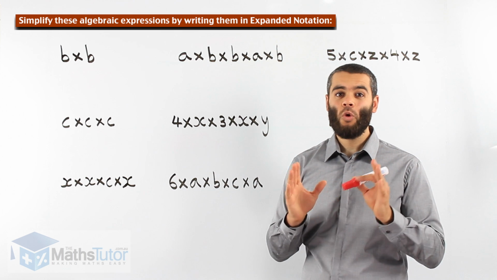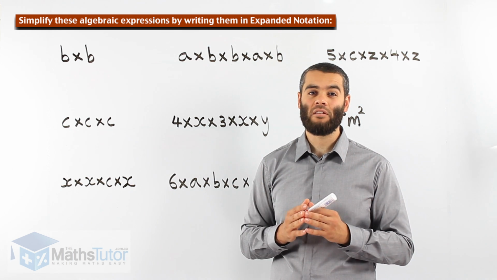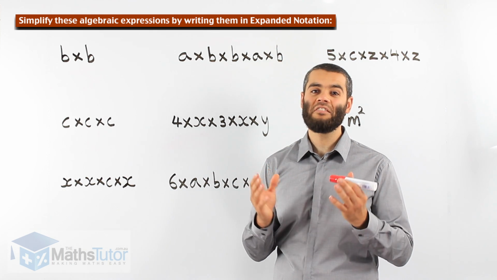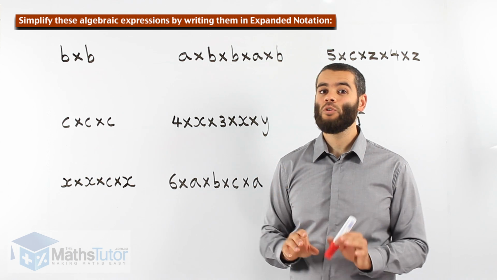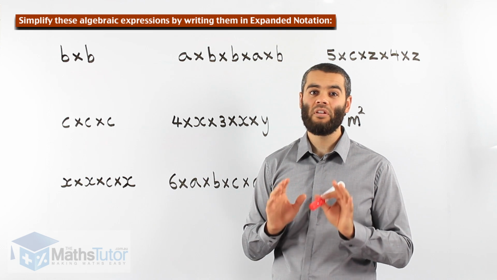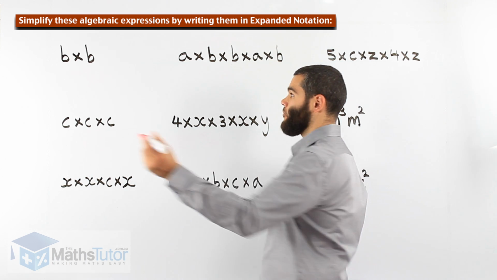We know numerals, we write them down in simplest form. So 8 times 8 will be 8 squared. 5 times 5, 5 squared. 10 times 10, 10 squared, or 10 to the power of 2. Well, in algebra, the pronumerals behave in exactly the same way. They can be written in a short form. Let's see how we can do b times b.